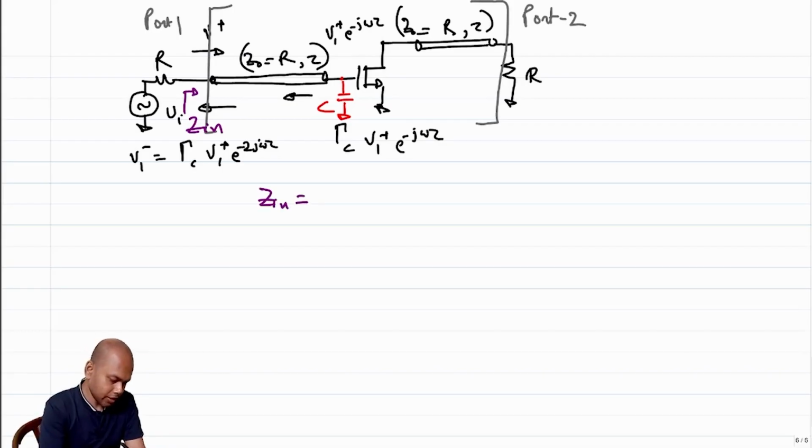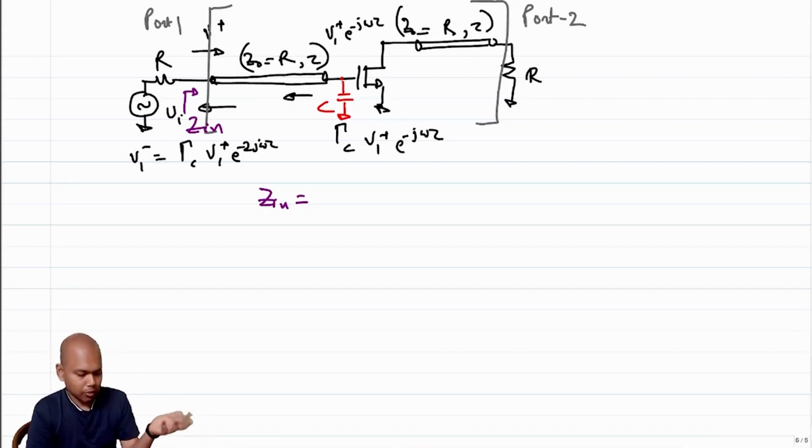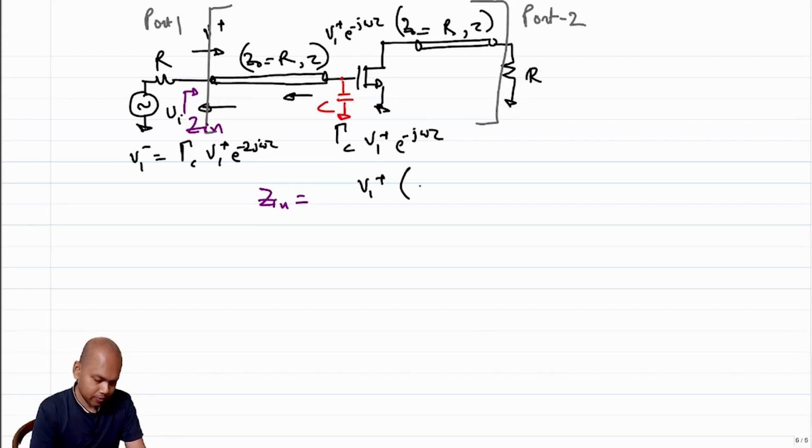Z in will be the total voltage divided by the total current going into the port. So what is the total voltage? That is the reflected plus incident wave voltages. So that is nothing but V1 plus times 1 plus gamma c e to the power minus j 2 omega tau, right?